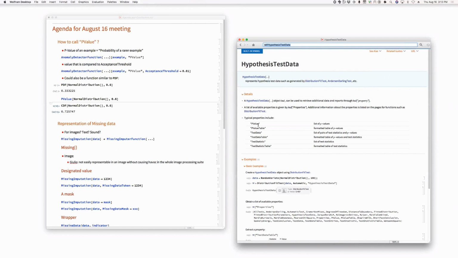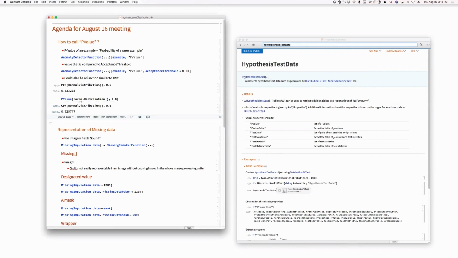There is a function in hypothesis testing, right here. Oh, sorry. So it can also be the value of the survival function, depending on which tail we're looking at and whether the hypothesis is one-sided or two-sided. Okay.